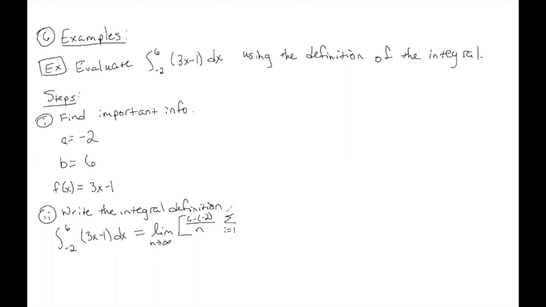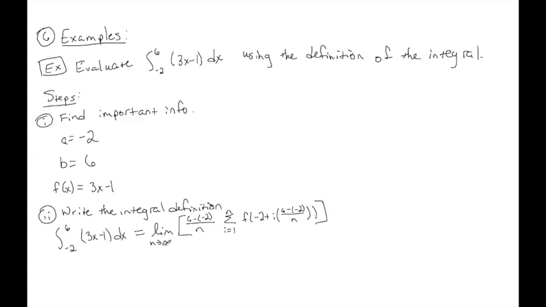I equals 1 to n. Nothing changes here. This is always 1 to n. And now I have f of a, which is -2, plus I times b minus a over n.